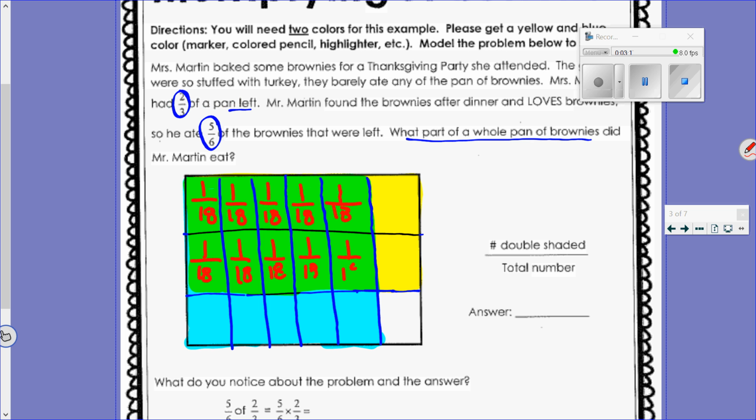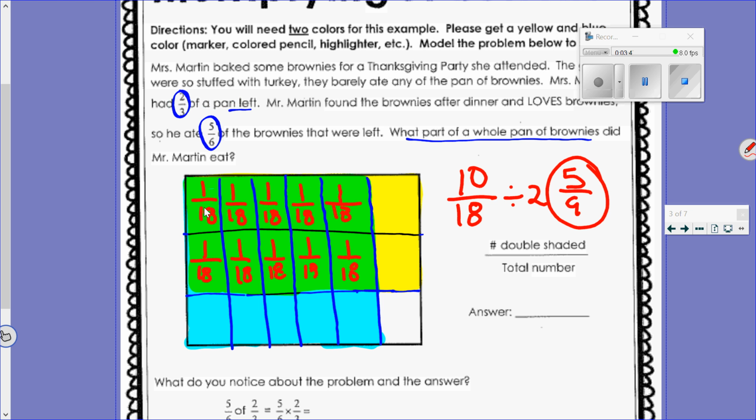So if we put all of these together, how many pieces of brownie did Mr. Martin eat? 10/18. He ate 10/18 of the whole pan. That simplifies. Can I simplify this? Yes. By doing what? By 2. I can divide by 2, and I get 5/9.